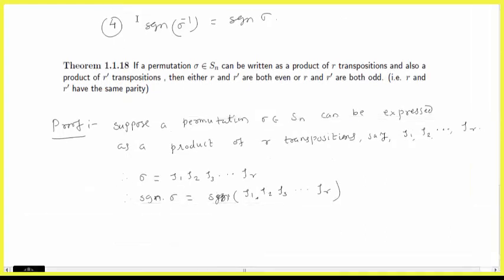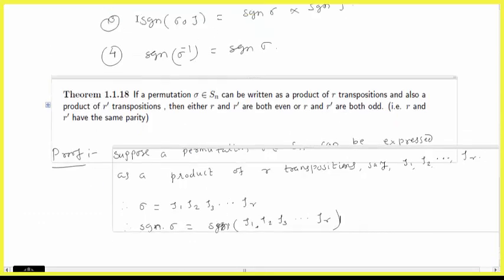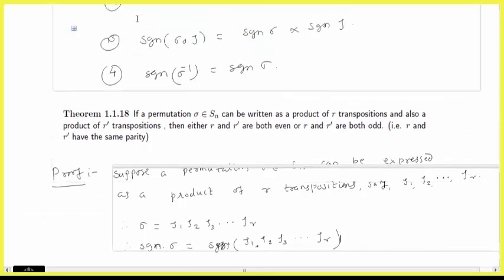We already have that the sign of sigma circle tau, that is the sign of the product, is equal to the product of signs. Sign of the product is equal to product of signs.